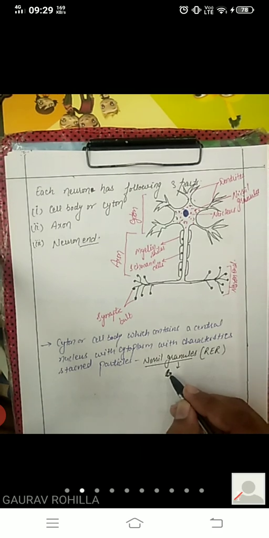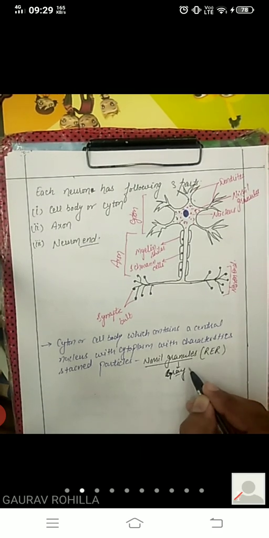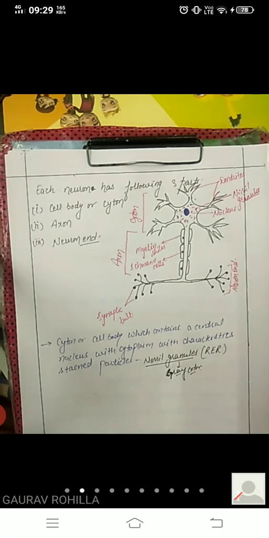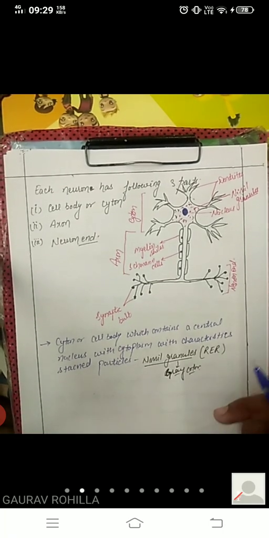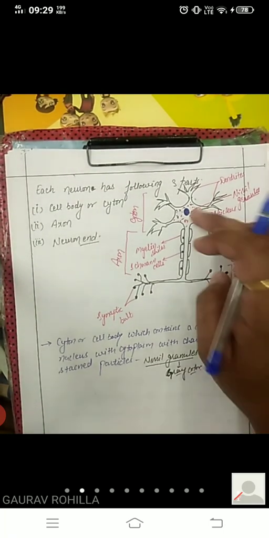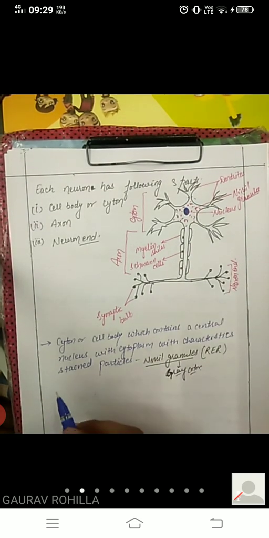We just write it here, gray color. That's why the portion of the brain called gray matter is due to this cytone.